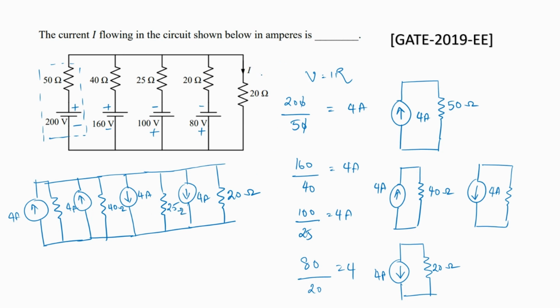Lastly, we have to connect the resistor under consideration, which is the last 20 ohm resistor through which we need to compute the current I.